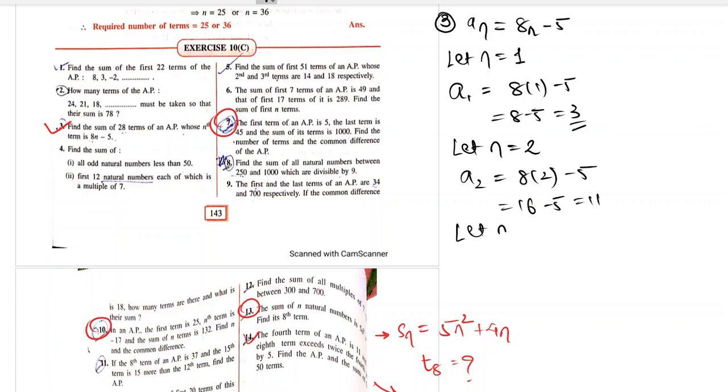Then let n is equal to 3. So a3 will be 8 bracket 3 minus 5. That is 24 minus 5, which is 19. Right? Is it correct? Yes, it is correct. So we got the first, second, and third term of this particular AP.